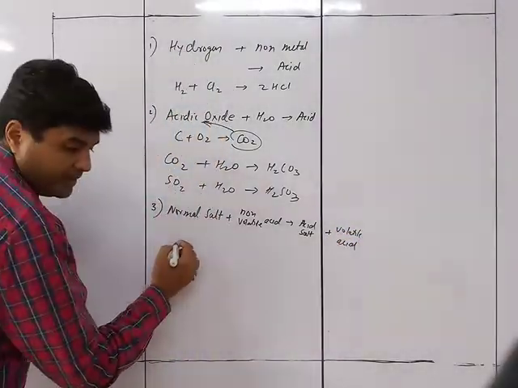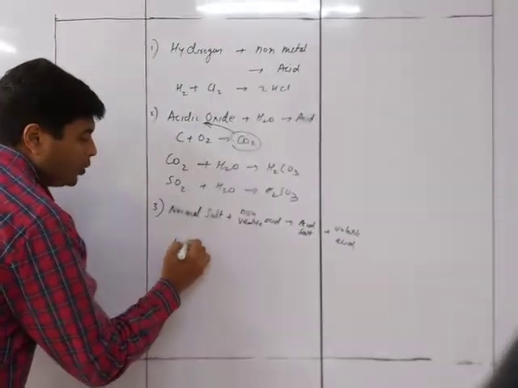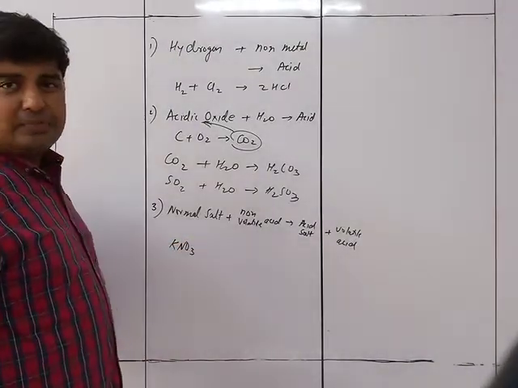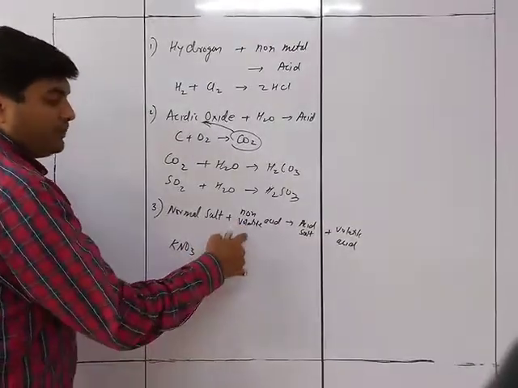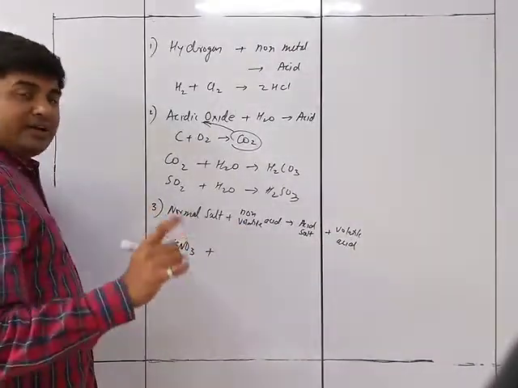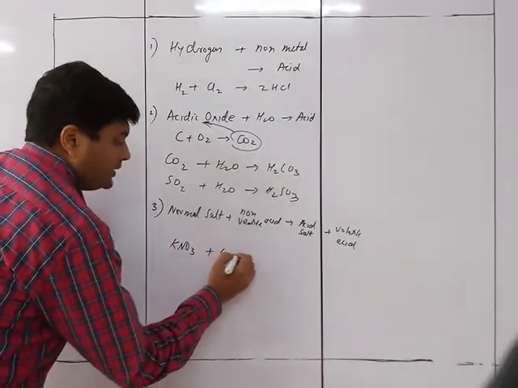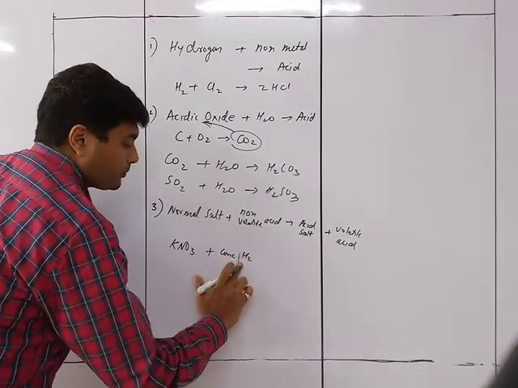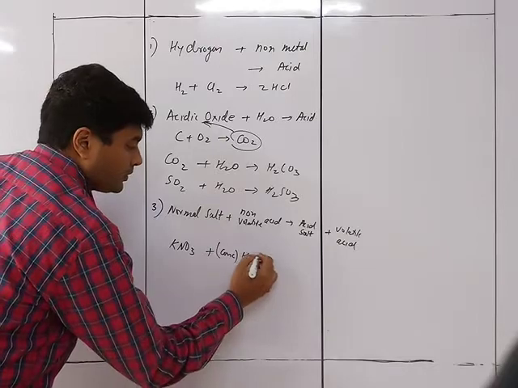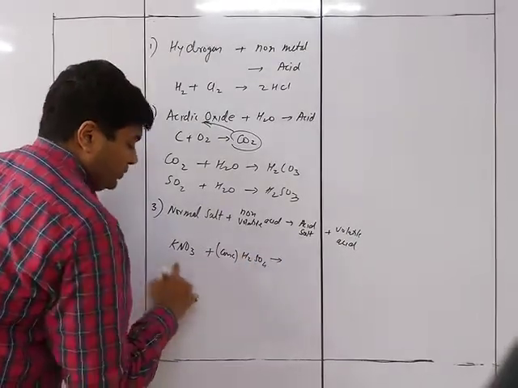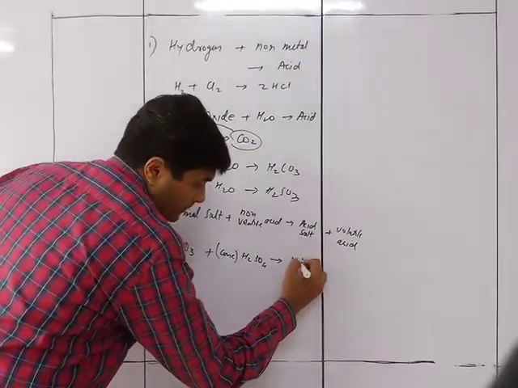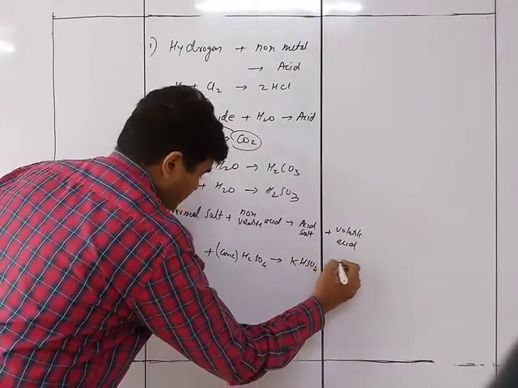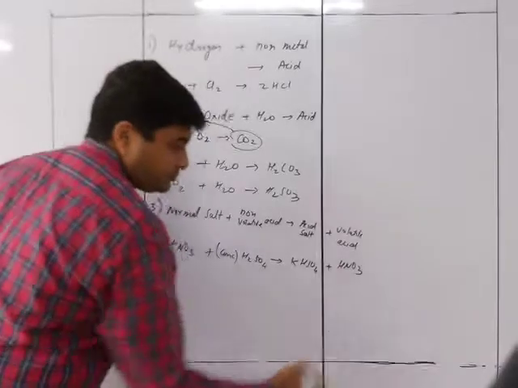For example, KNO3, potassium nitrate, with a non-volatile acid, which is only concentrated H2SO4, is going to give KHSO4 plus HNO3.